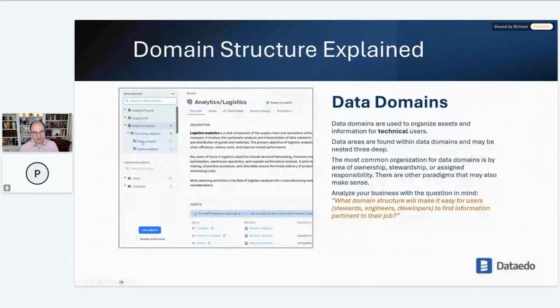So you might start with some data products and then group them in logical groupings as you work up until you get to the top level of a data domain. So a little bit different approach as you actually create these, but the idea is the same. The underlying idea, make it easy for people to find what they're looking for.